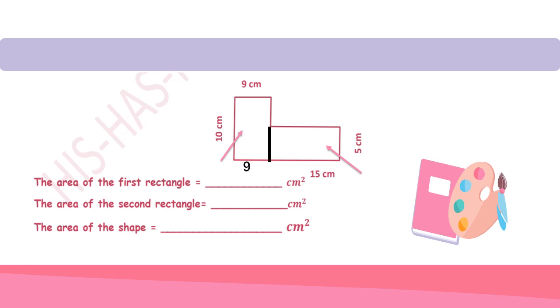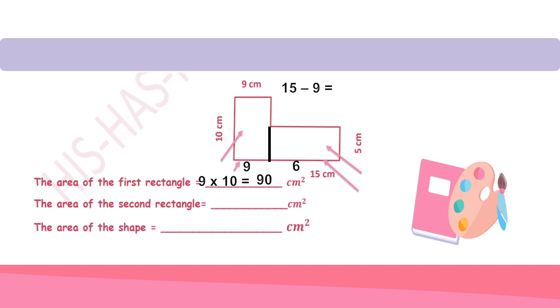If this part only is 9, the other part will be 15 minus 9. The other part, this, will be 15 minus 9 equals what? 6. So now I have the length and the width of the other rectangle. Let's get the area of the first one, which is 9 by 10 equals 90. What is the area of the second rectangle?